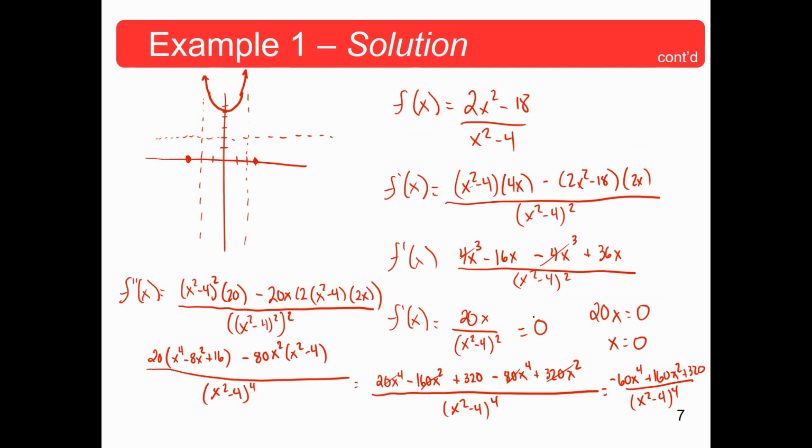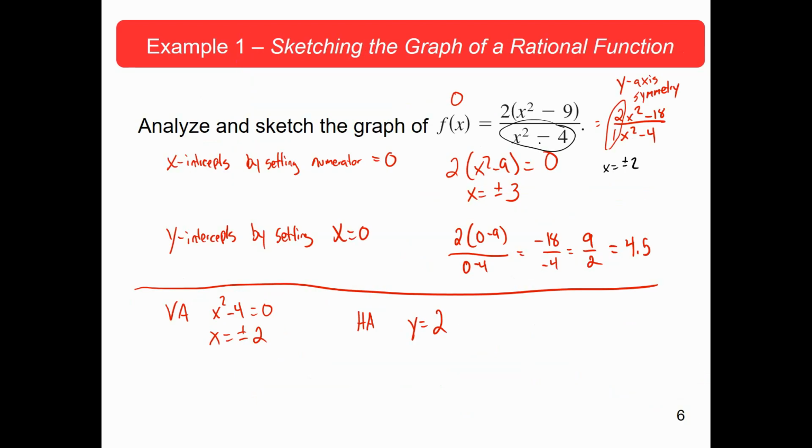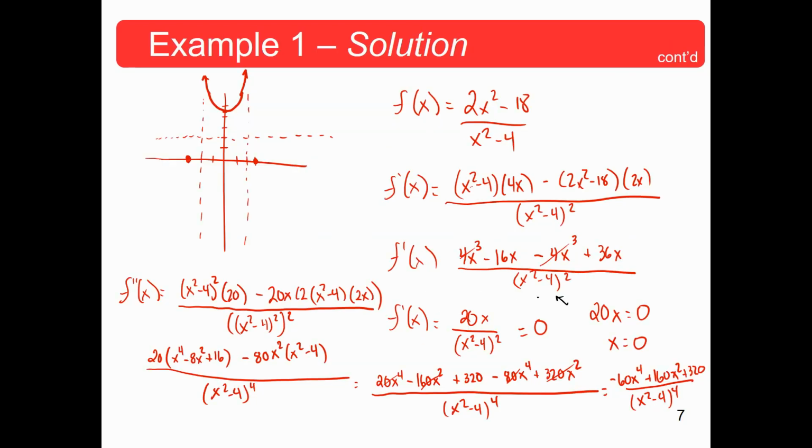Critical numbers are only the values where the derivative equals 0 or where the derivative doesn't exist. x squared minus 4 squared doesn't exist at plus or minus 2, but it also doesn't exist here. So I didn't have to use these values because plus and minus 2 were not in the domain of the original function. If you're asking yourself why I didn't use them here, that's why, because they're not defined in f.